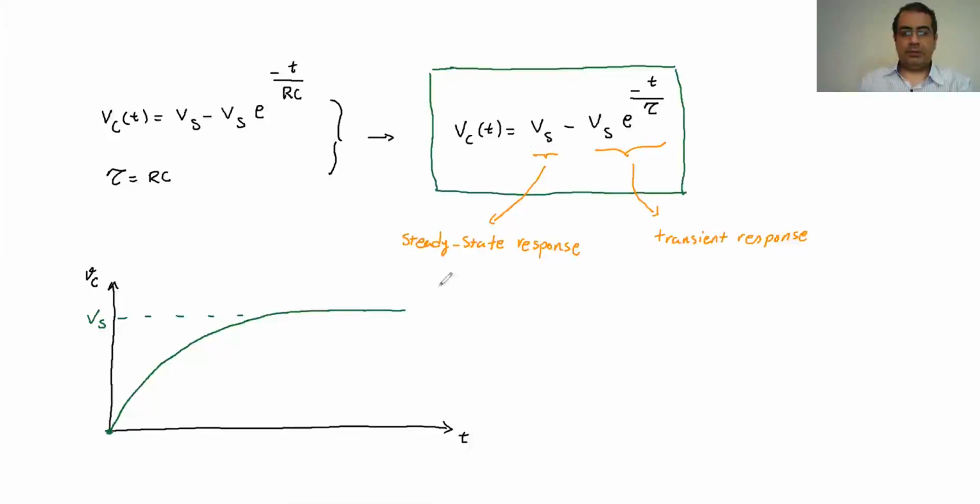The steady state part shows the condition when the capacitor is fully charged, and the transient part, or time dependent part, shows the condition that the capacitor is completely empty, and it goes into the transient until it becomes completely fully charged.